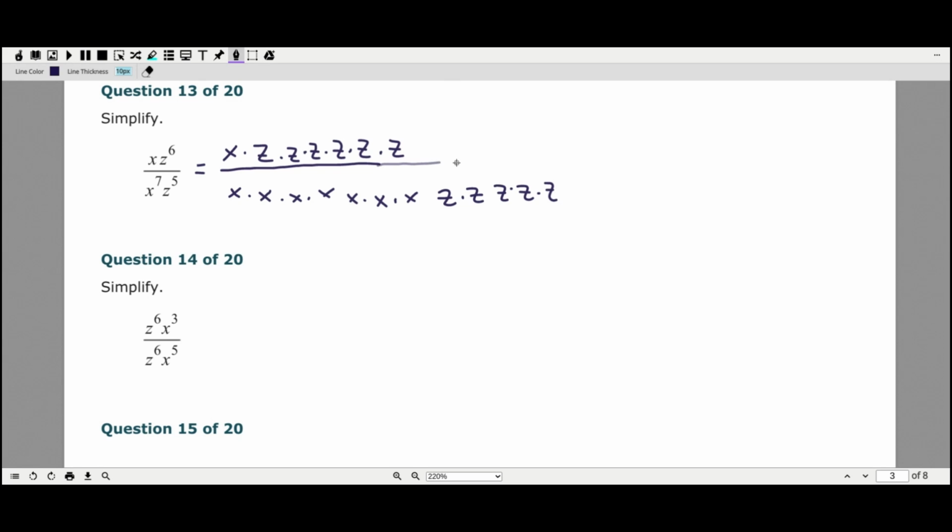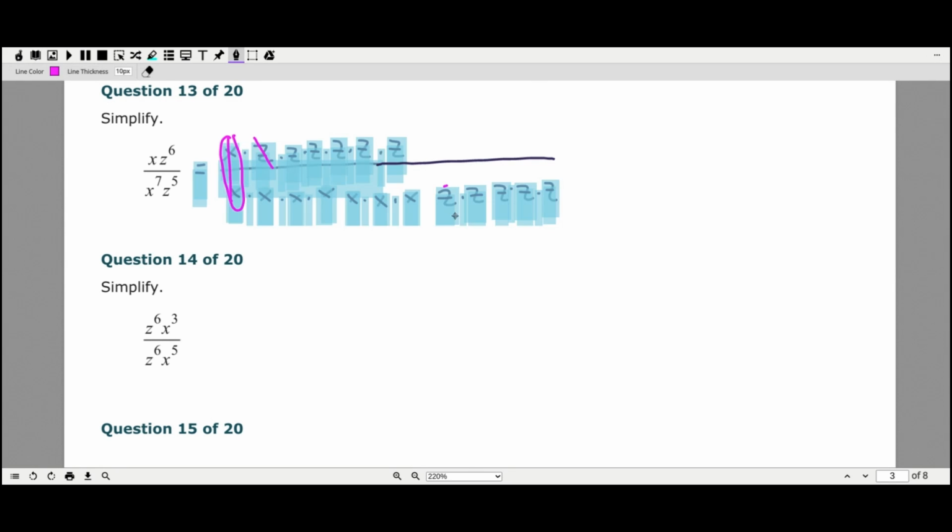One more. All right. Now what we can do is reduce them, right? Let's see if I reduce this, x and x divide each other out. Every pair of z divides each other out.